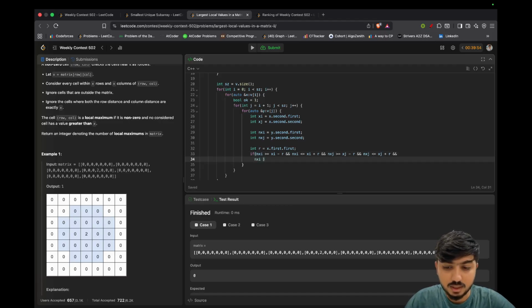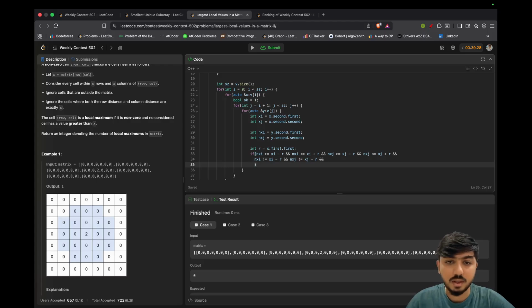New xi is not equal to xi minus r, and new xj is not equal to xj minus r.